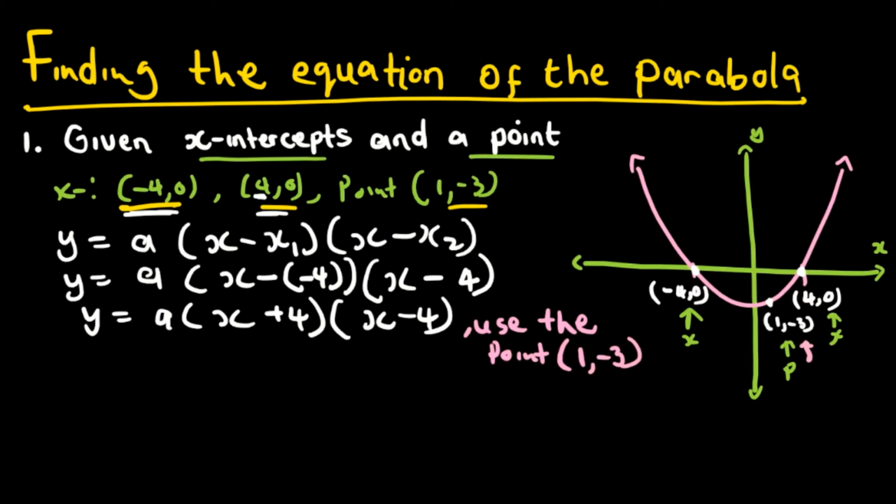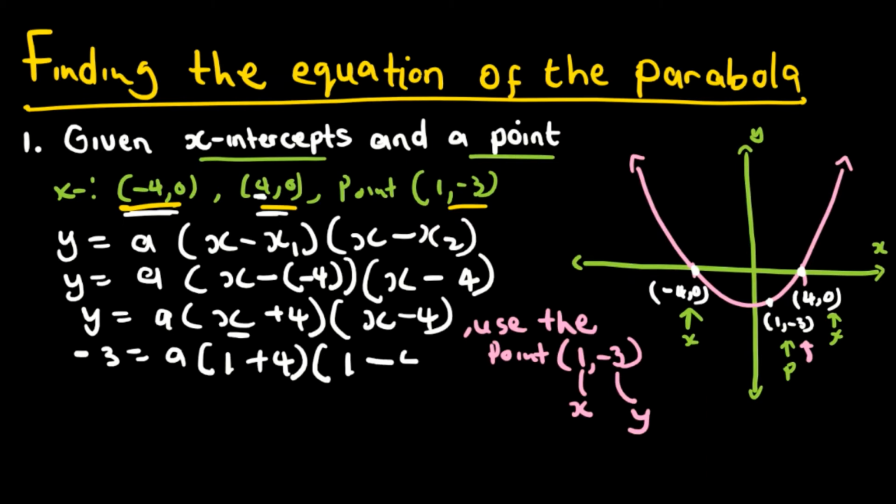We use it to find the a value. This 1 is your x value, and this -3 is your y value, so we substitute them into the equation. It's -3 equals a into (1 plus 4)(1 minus 4). 1 plus 4 gives you 5, and 1 minus 4 gives you -3.